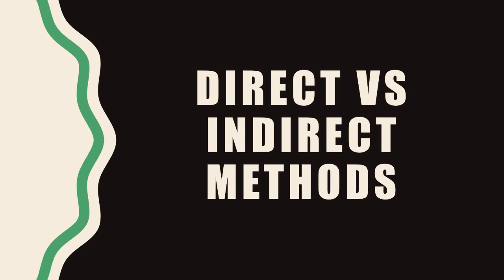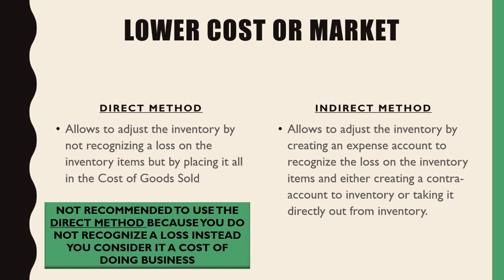So what happens when we need to enter those values, or journalize that we need to update our inventory due to the cost of market? How do we adjust our inventory?